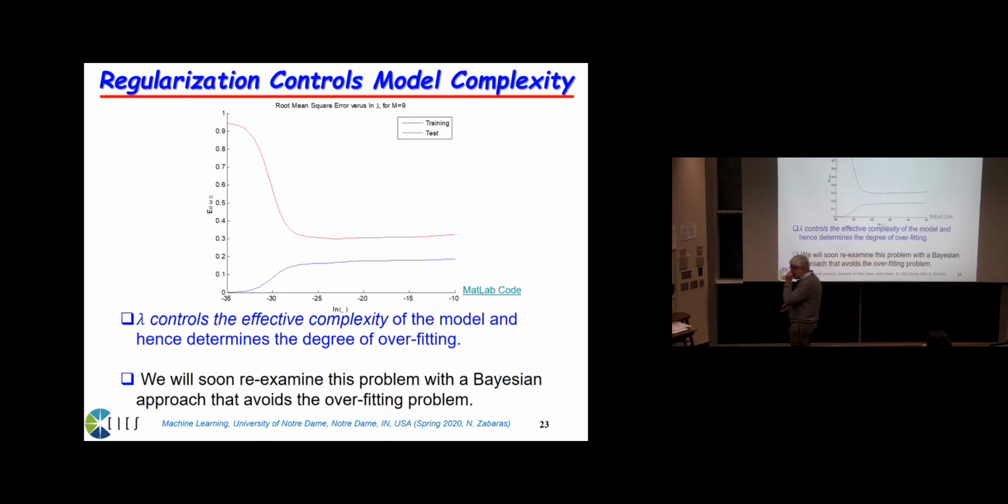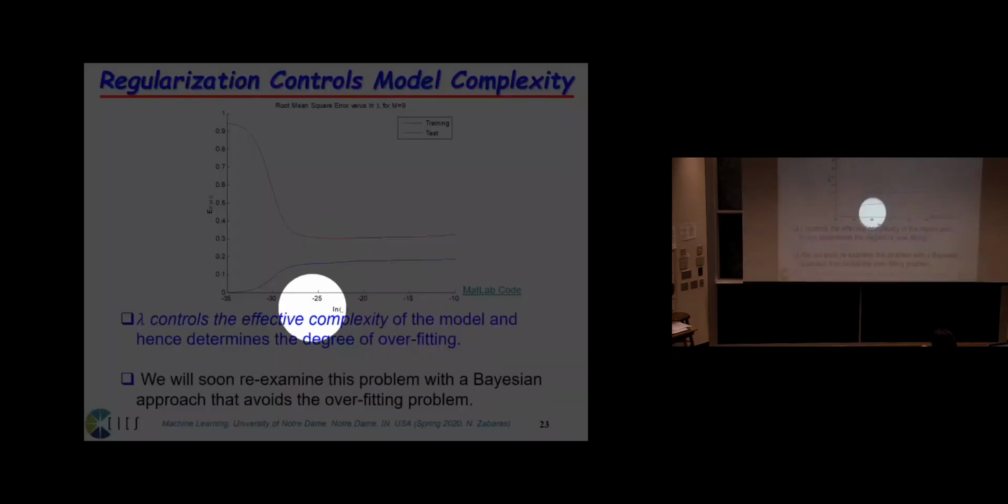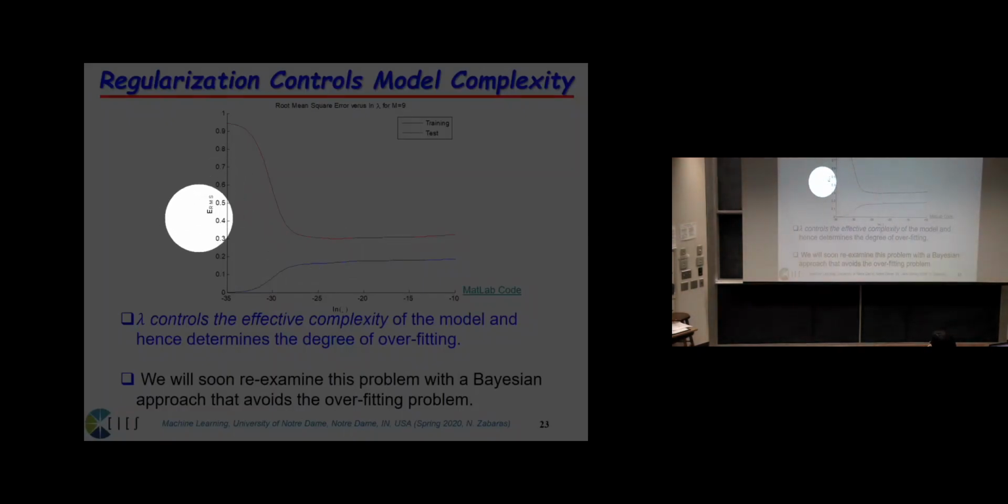So if you don't really know anything about regularization, and you want to figure out how to select the right parameter, what you can do is take the root mean square error that I indicated before, and compute it for the training data set and the test data set for different values of regularization.